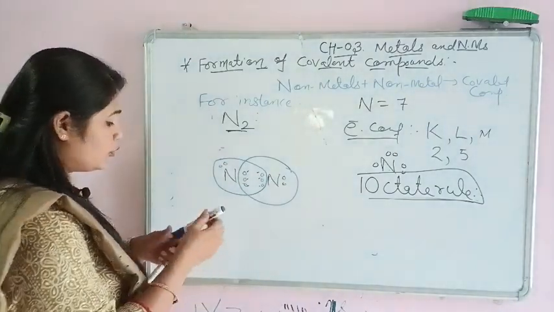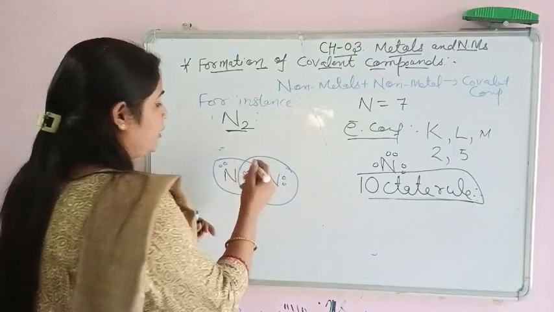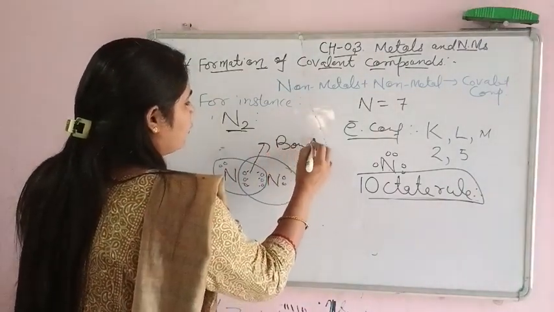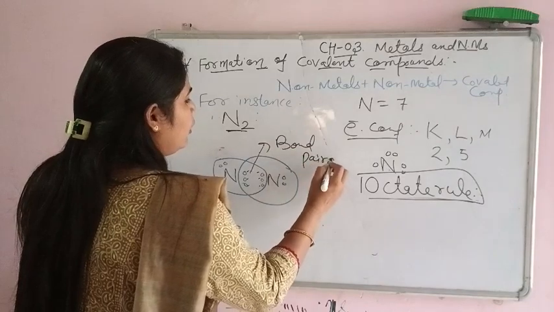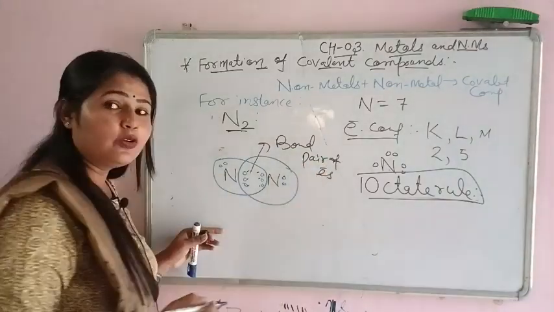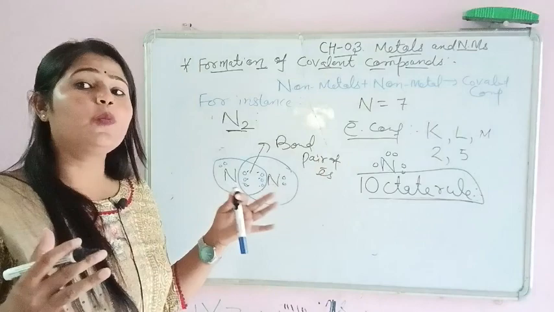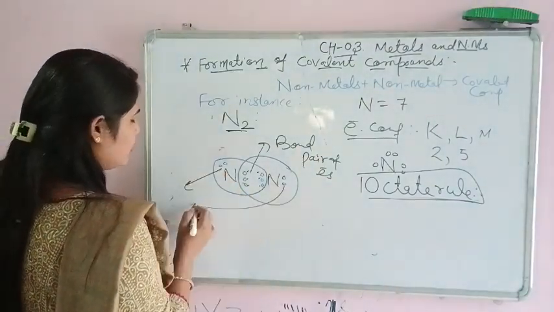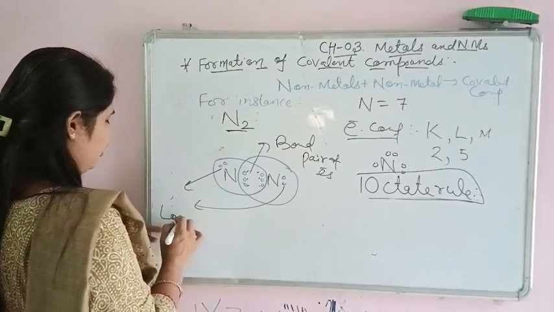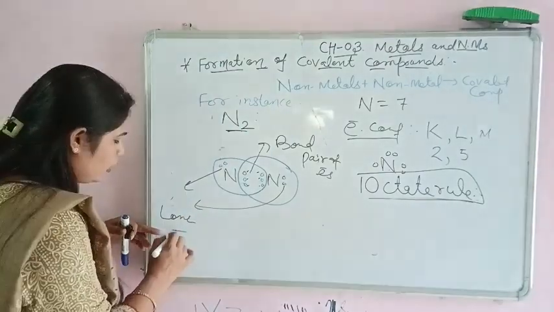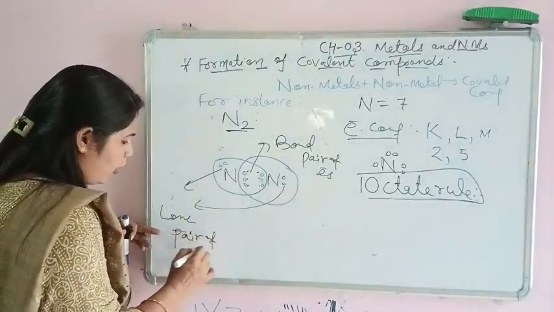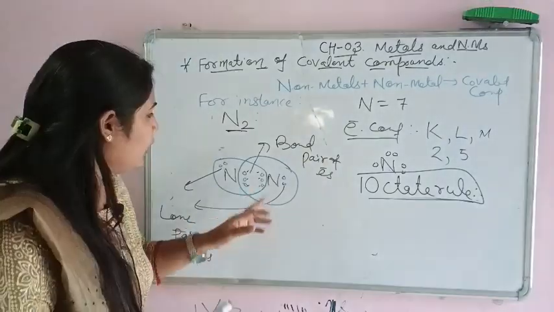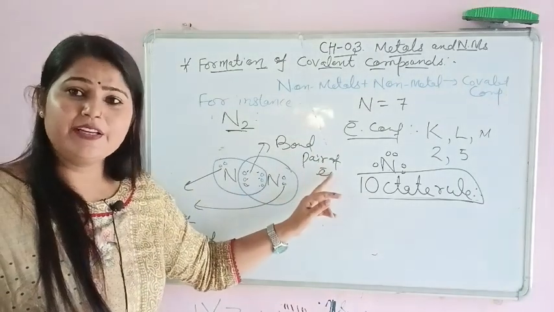The electrons which participate in the bonding are called bond pair of electrons. And the electrons which are not participating in the bonding are called lone pair of electrons. So how many bond pairs of electrons are present in N2?